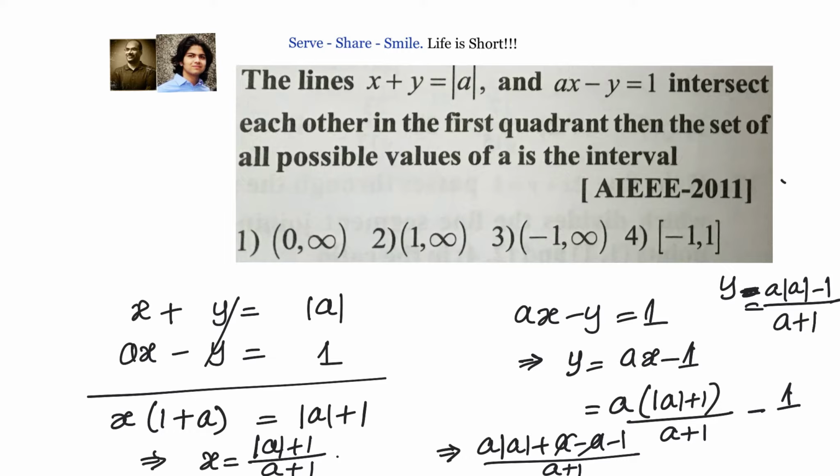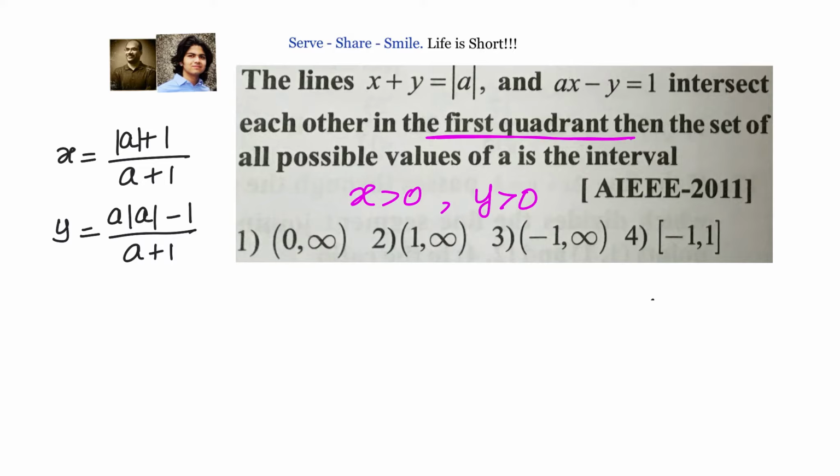Now we know x should be greater than 0. We also know that y should be greater than 0. Apply these conditions. Let's try to find out the interval of a. What's the meaning of that? Suppose you take x greater than 0, then (mod a plus 1) divided by (a plus 1) is greater than 0.